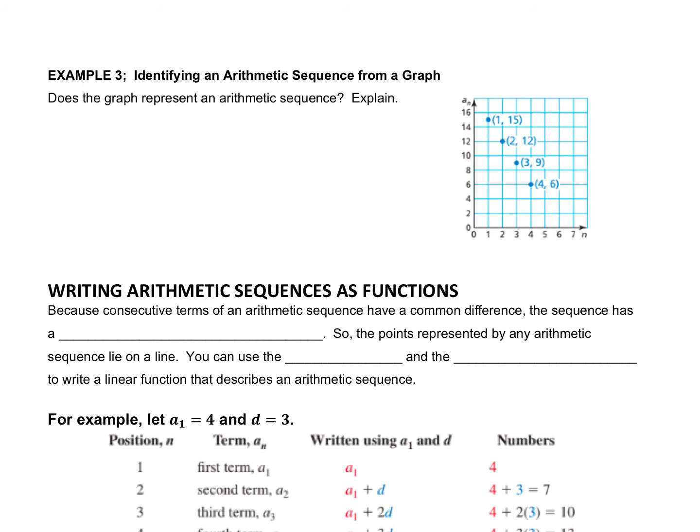So just looking at a few of these points and calculating what the difference of our slopes would be, we can see that it is or it isn't. So going from the first point to the second point, I'm seeing 15 down to 12 as my numerator for my change in y's over my change in x.